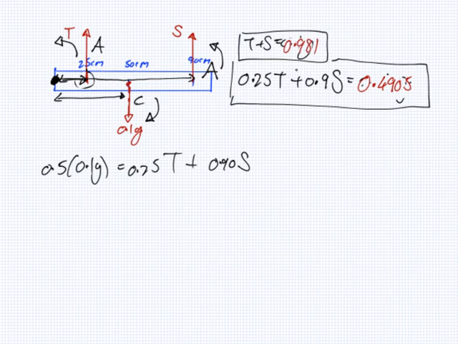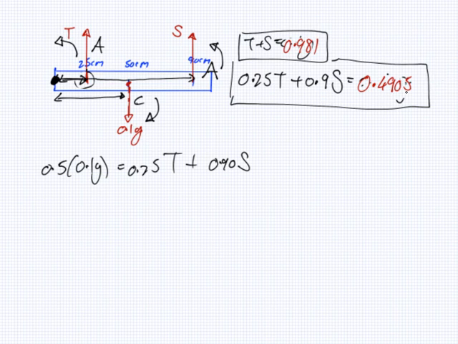Now you have two equations here, and you would have to solve them. What would you multiply this by to solve, if I want to cancel the T? 0.25. Or you could multiply this one by 4, because what will that make at the start? A T, which then you can cancel them.